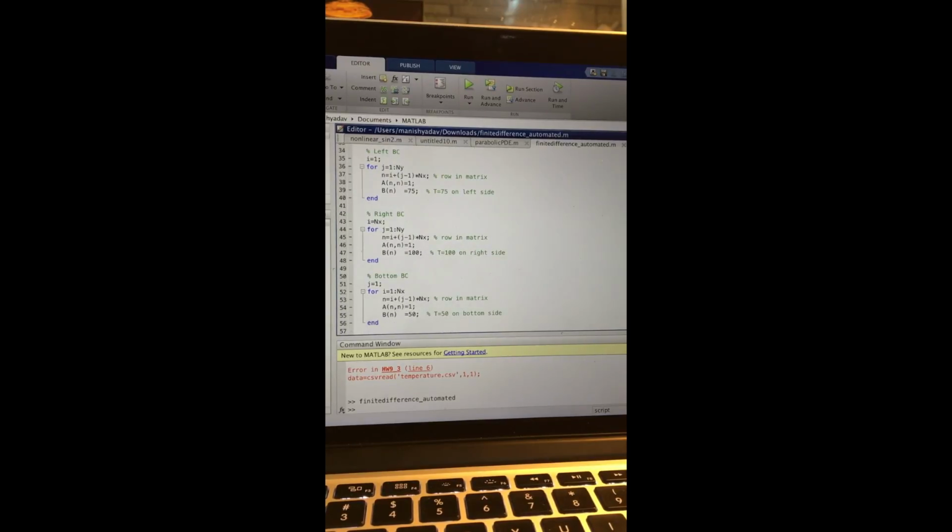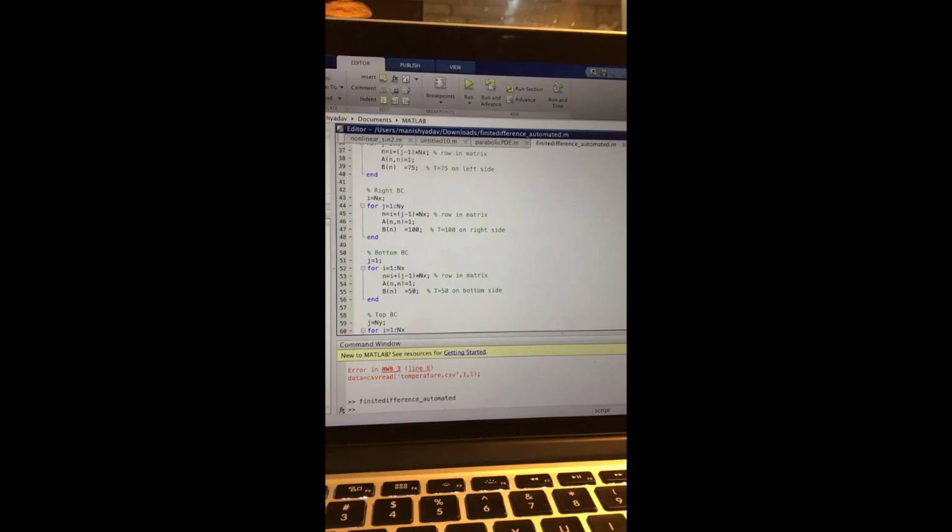Then I put my boundary condition for the bottom, which is j equal to 1, and i goes from 1 to nx, the grid points in the x direction. So the value of n will be 1 plus (j minus 1), which is one point less than ny, which is our 40 grid points in the y direction, times nx.